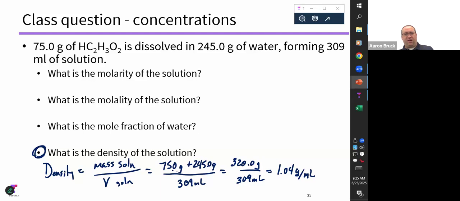So what about these other three, molarity, molality, mole fraction? Well, for those, we're going to need some information. And so before I actually go to solving this, let's calculate the moles of each of our components here.